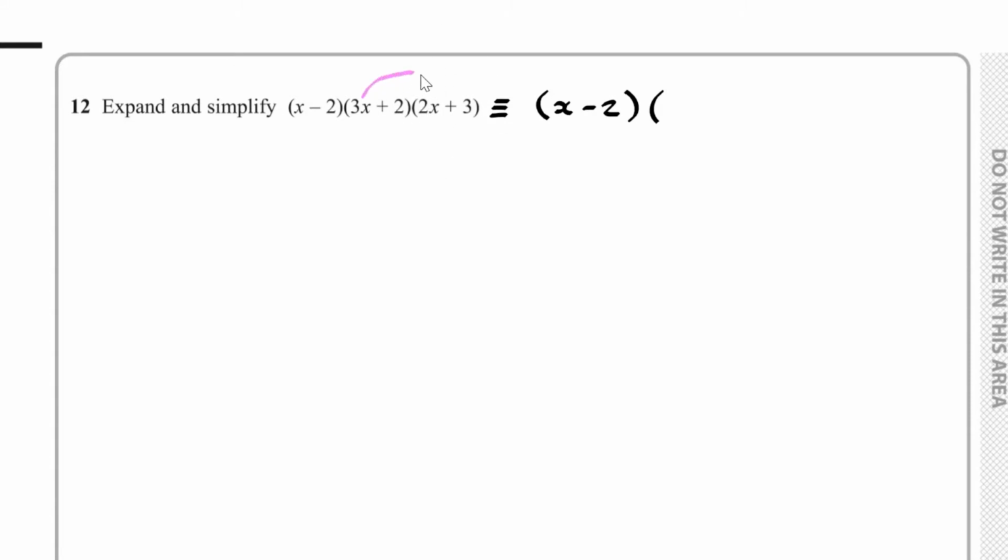Well, 3x times by the 2x gives 6x squared, and then we've got 3x times by 3, and we've also got the 2 times by 2x, so we've got 9x plus 4x, which is 13x, and then we've got the 2 multiplied by the 3, which is 6.